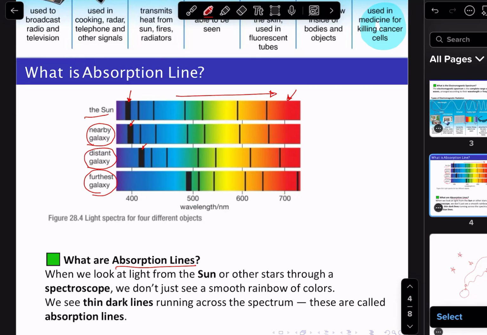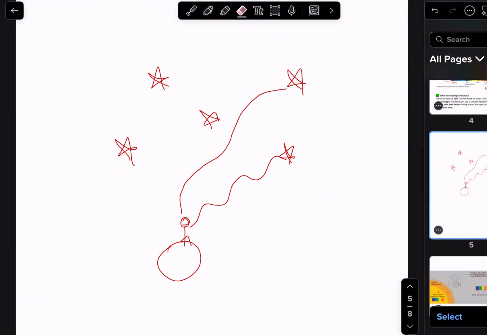Now what does that mean? If you notice the electromagnetic spectrum, 400 nanometer wavelength is for the blue part, and 700 nanometer wavelength is for the red part. That means that red light has more wavelength and blue light has less wavelength. So if the stars came towards the earth, like if the universe were compressing, they would have come towards each other.